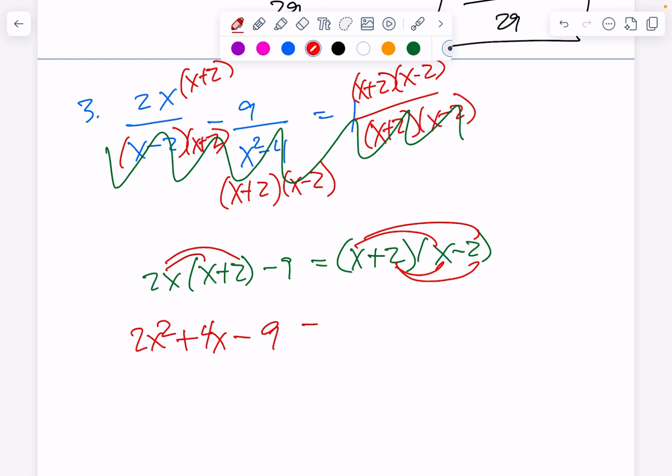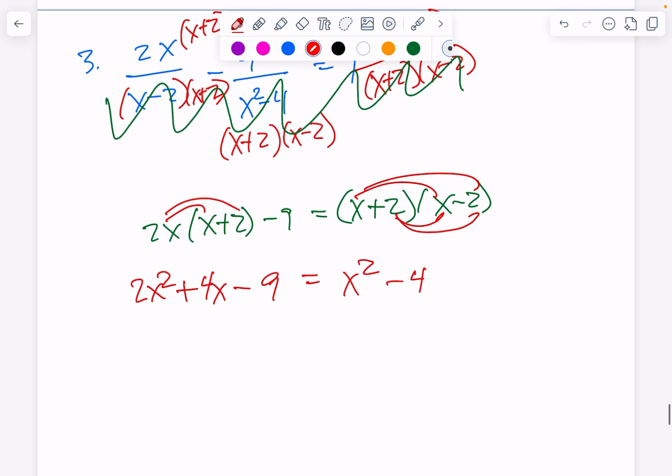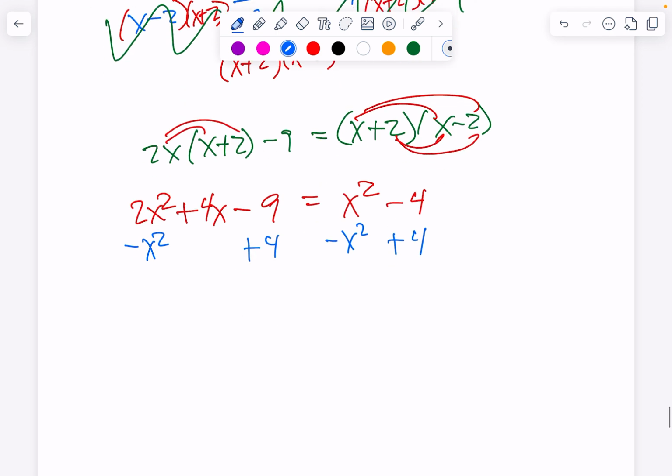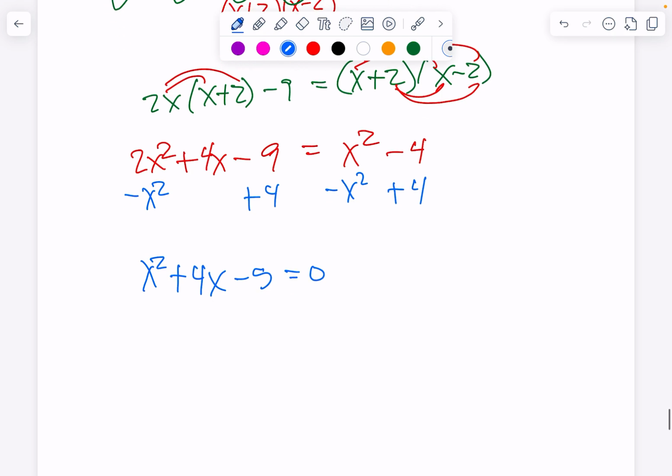4x minus 9 equals x squared minus 4. That's minus x squared and plus 4, minus x squared and plus 4. And it's x squared plus 4x minus 5 equals 0.